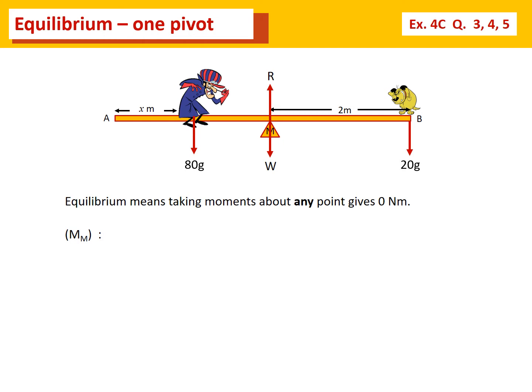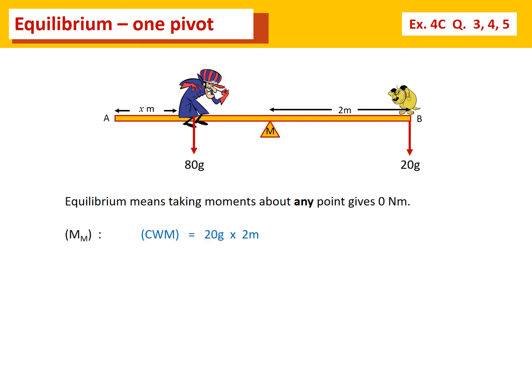Therefore, R will not have a moment about M and W will not have a moment about M. So they disappear.